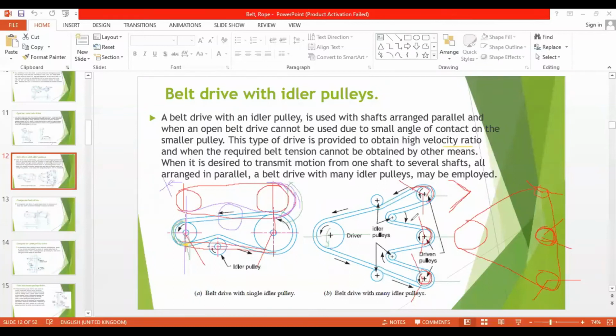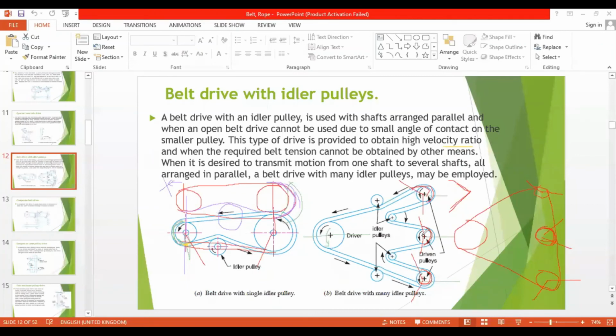So this is the reason when we are using one driver and several driven pulleys, one driver pulley to drive different driven pulleys, we go for a number of idler pulleys. This in turn increases the angle of contact, which will again increase the power transmission, right? So angle of contact is increasing, which means the power transmission is also increasing.